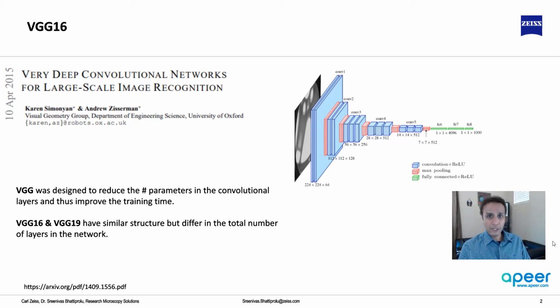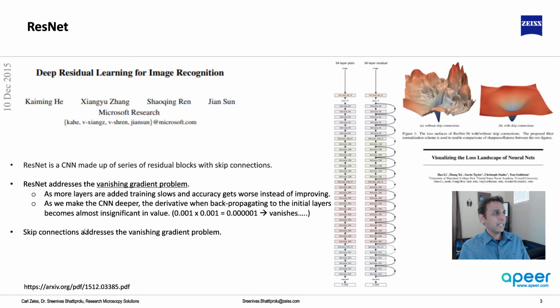We looked in the last video at what VGG16 was, right? It's convolutional layers up to a certain point, and then you add the dense layers to make it a classifier. In this example, it's designed to classify 1,000 different classes in the ImageNet dataset. And there are two variants of VGG, 16 and 19. And the next, ResNet, the key thing here is it adds skip connections.